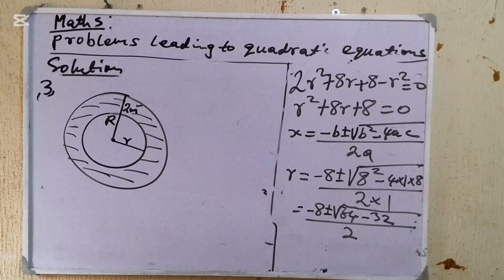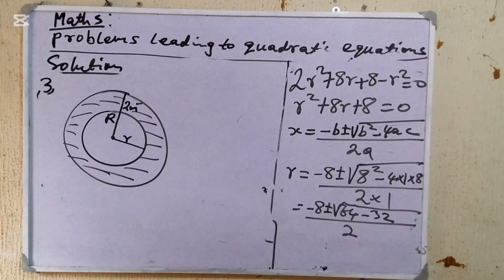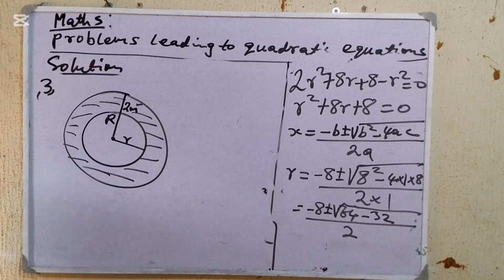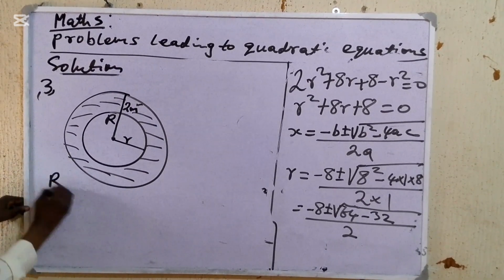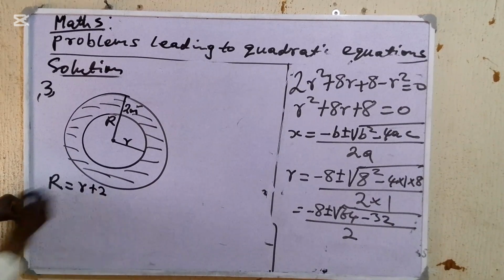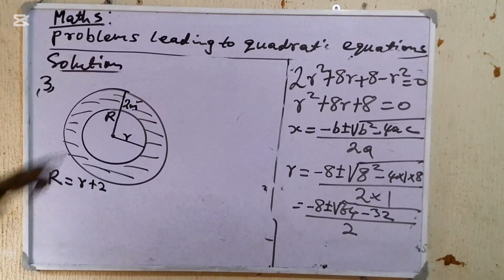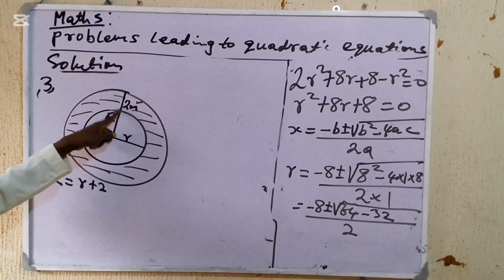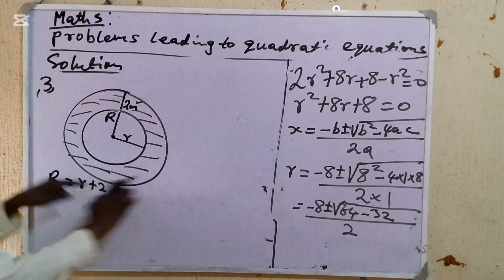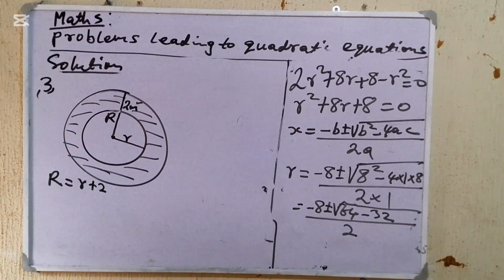So which means that our big R is the same thing as small r plus 2. That is because from here to here is small r, from here to here is 2 meters. But for us to find the area of the path, it is the area of the bigger circle minus the area of the smaller circle.